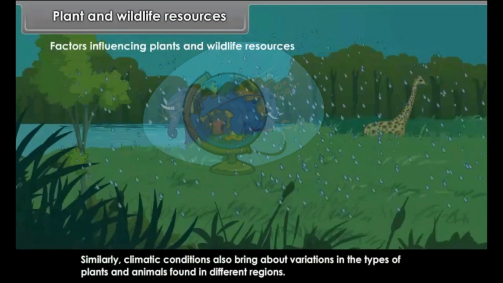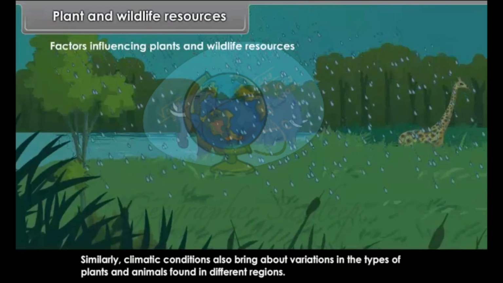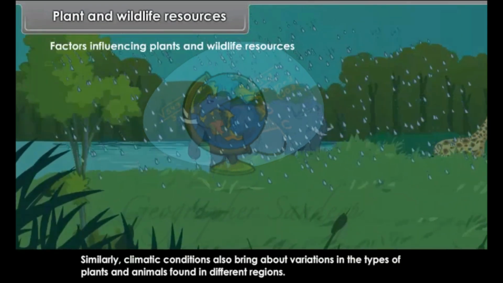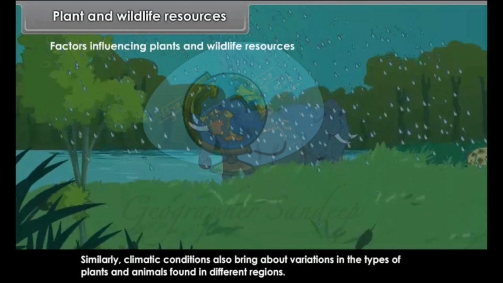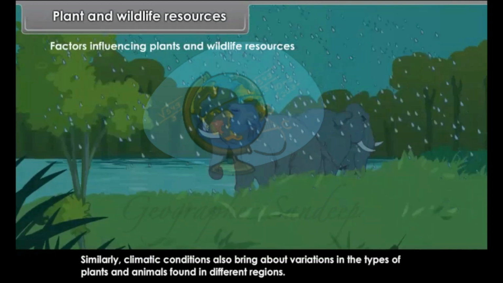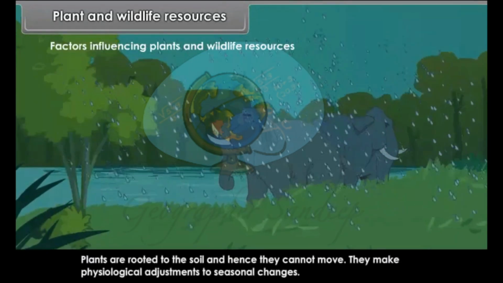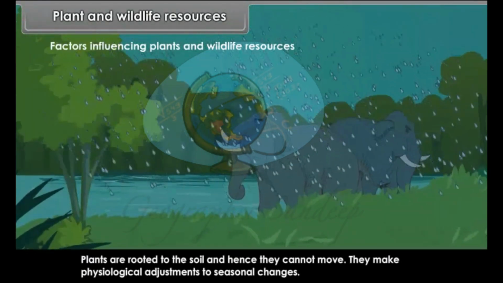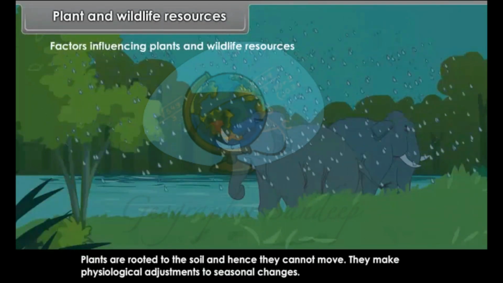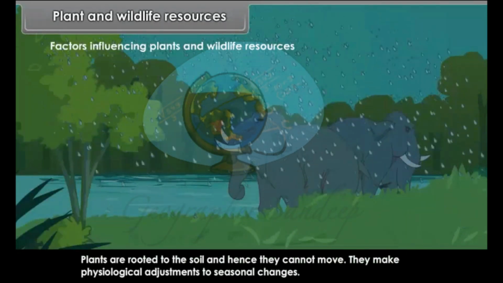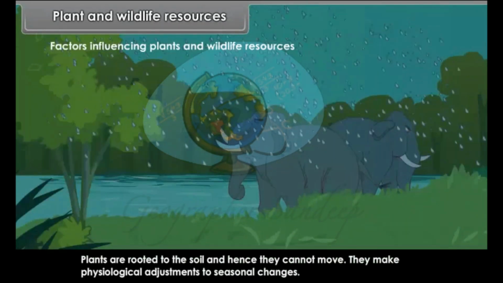Similarly, climatic conditions also bring about variations in the types of plants and animals found in different regions. Plants are rooted to the soil and hence they cannot move. They make physiological adjustments to seasonal changes.